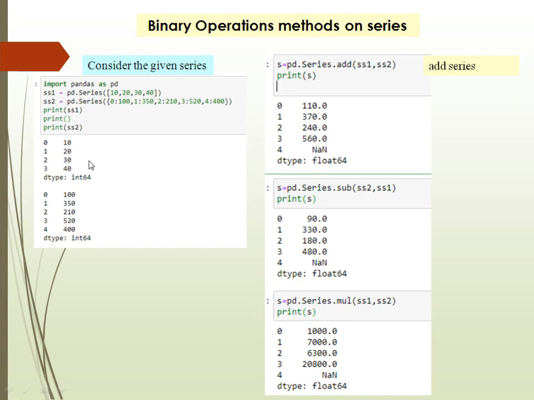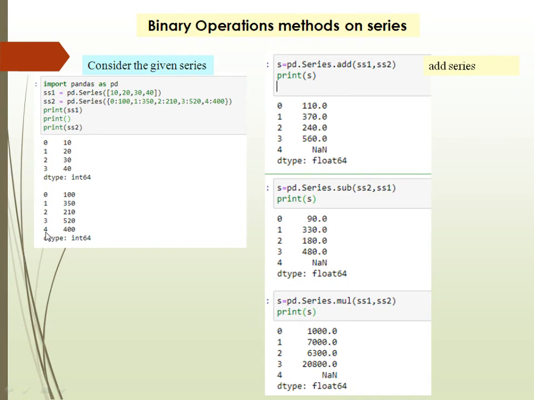So see here, 0, 0, 100 and 10. We're going to add it. The answer is 110. 20 and 350, the answer is 370. 30 and 210, the answer is 240. 40 and 520, the answer is 560.